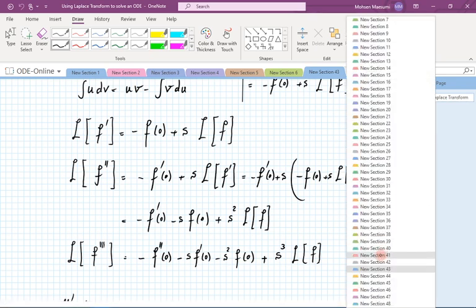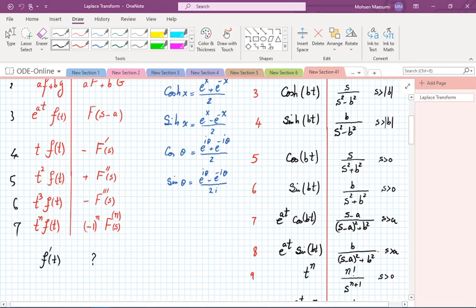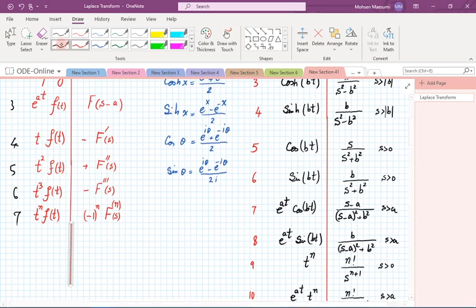Maybe it would be best if I put all of them under one single roof so that we can refer to them collectively, all at the same time. So let me add these two formulas.